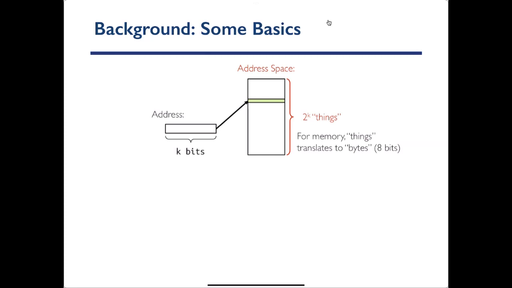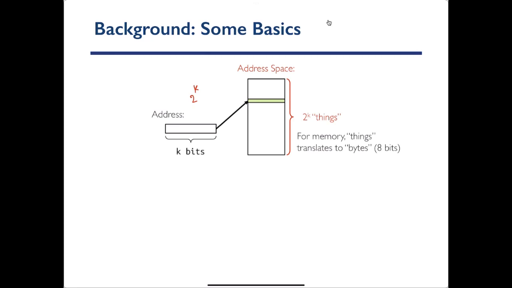Now you have k bits, so that's 2 to the k different numbers you can store in k bits. And if each one of those numbers is an address for something, then you can address 2 to the k things.